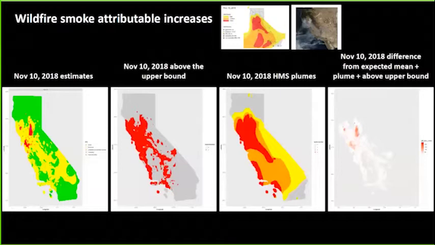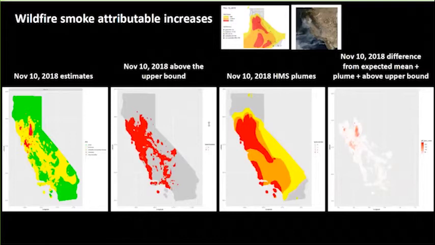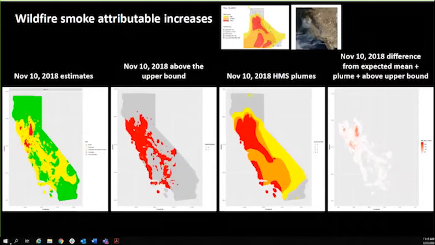I'm sharing my screen now, but you can see here's an example from the November 10th, 2018 Camp Fire, where we tried to bring together these different data products and start to understand what parts of the state are being most impacted, what's the scale of that impact, and then work closely with our environmental health investigation branch to do research on the health impacts of this and connect it to health records like emergency department records or Medicare or Medicaid records and examine the burden that way, but also begin to try to connect it to policy.